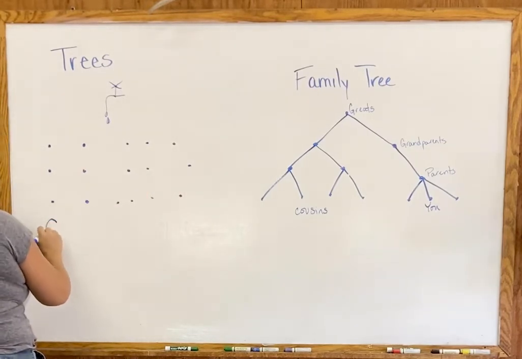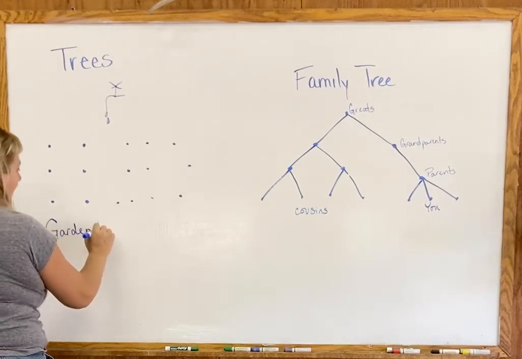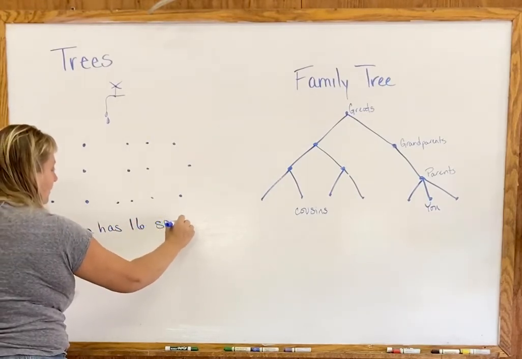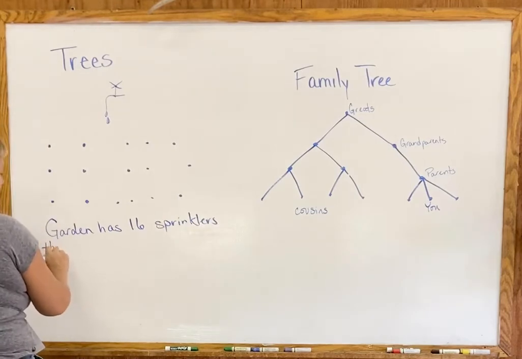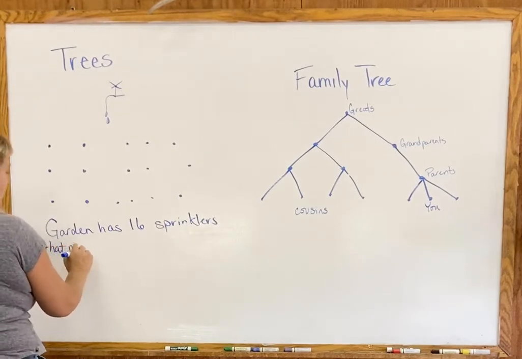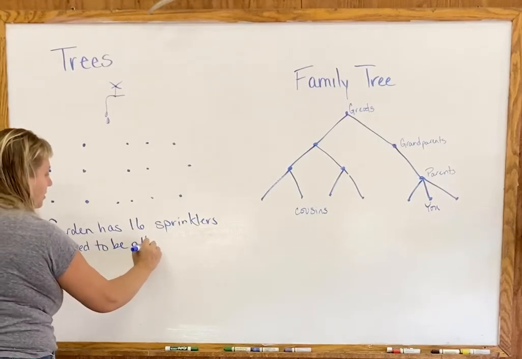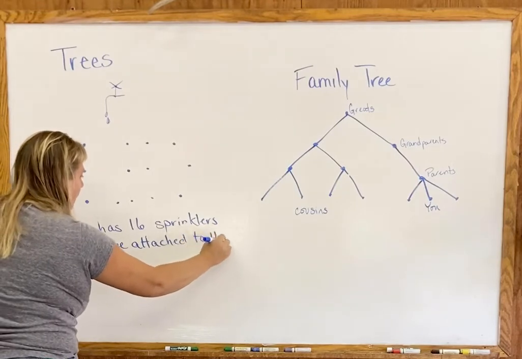So a garden has 16 sprinklers that need to be attached to the water source.